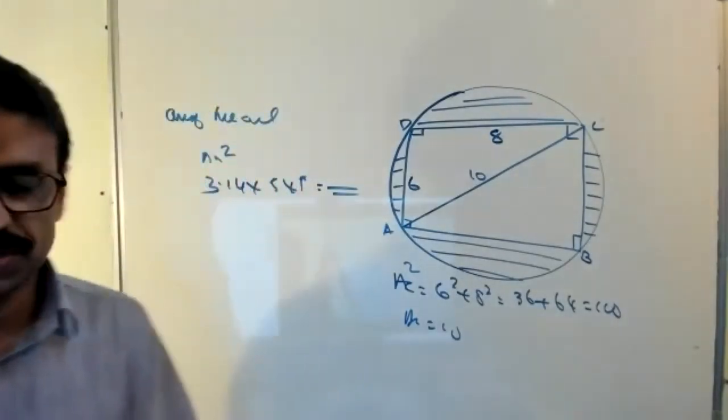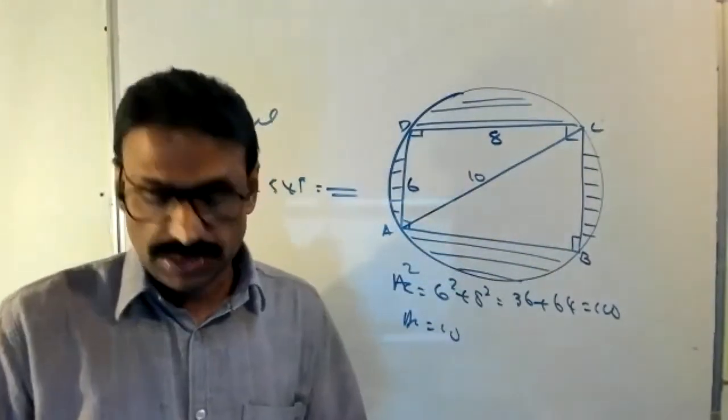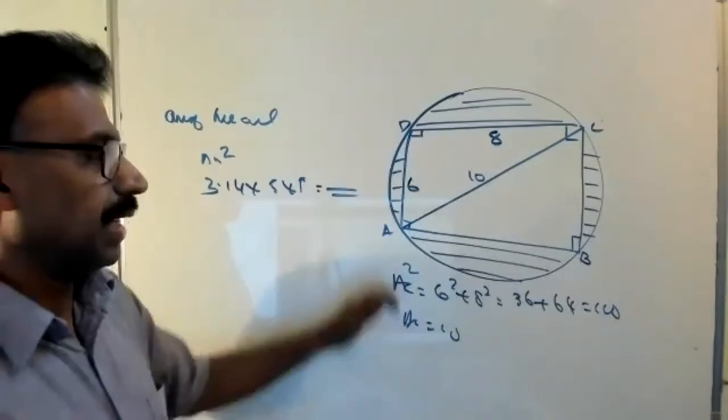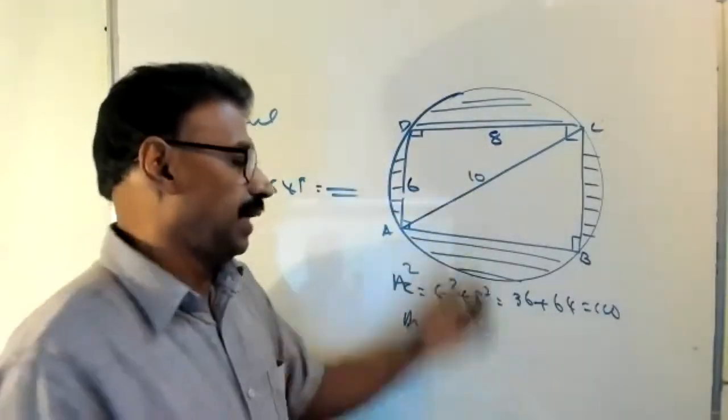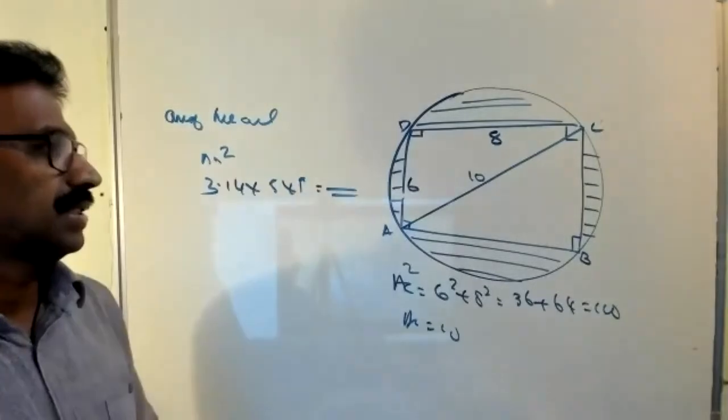Okay. Who all made mistakes? Understood? No? First of all, you find AC. Such a big answer. 6 squared plus 8 squared, that is 10. So diameter is 10, radius is 5. Area of circle minus area of rectangle.